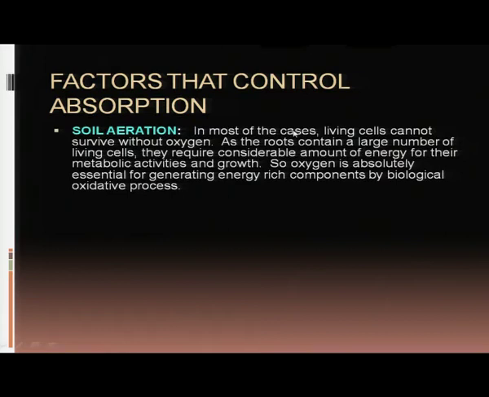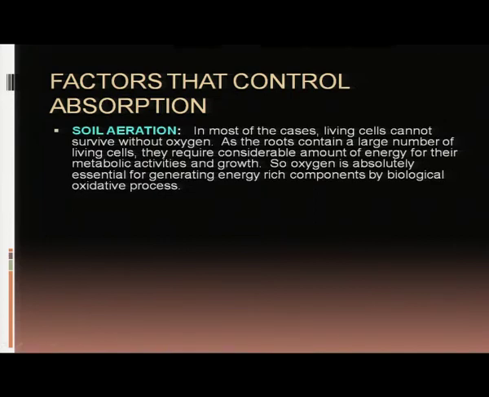Well, in most of the cases living cells cannot survive without oxygen. Most of the cells are aerobic. As the roots contain a large number of living cells, they require considerable amount of energy for their metabolic activities and growth. We require oxygen for respiration only.